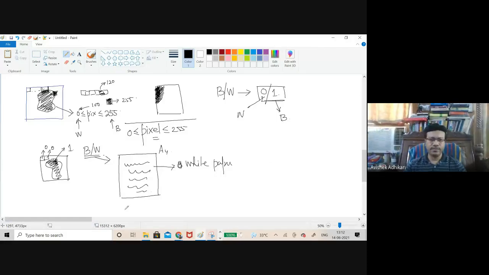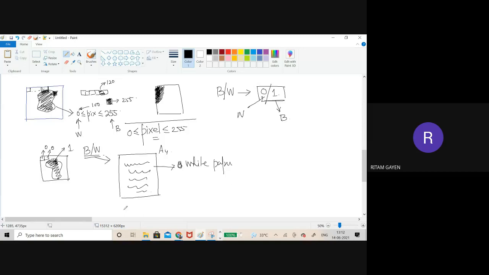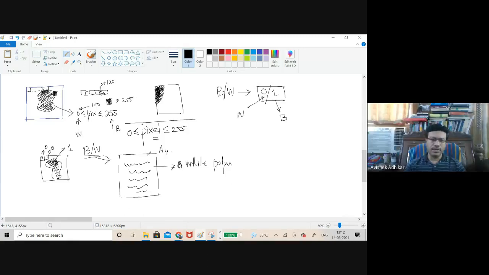Anybody? Yes, to get the full spectrum of the colors. Okay. So what will happen if you take this on white paper? You will have something written in black here. But if you take it on a black paper, then what will happen? The background is black and the ink is also black.